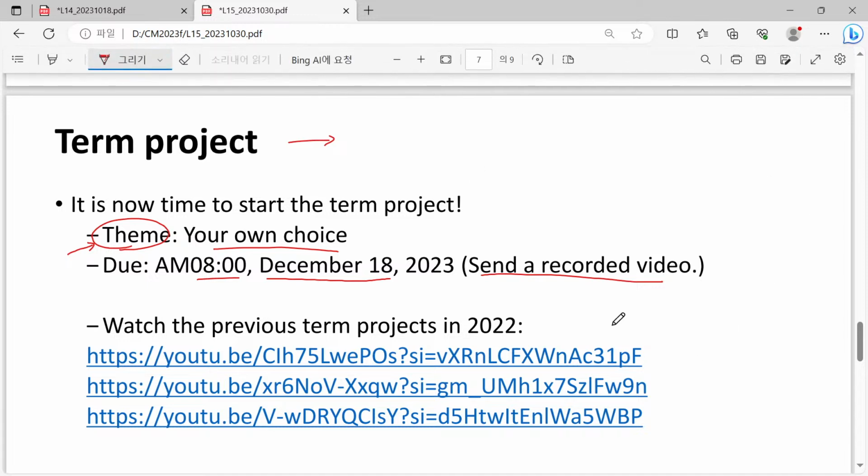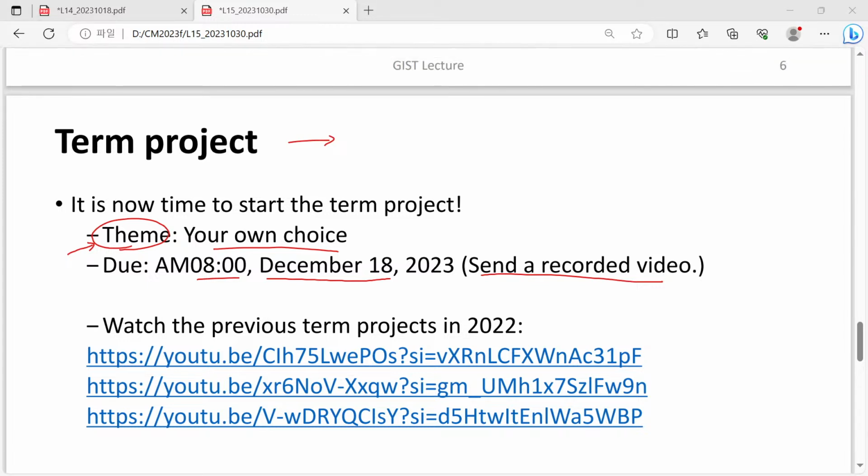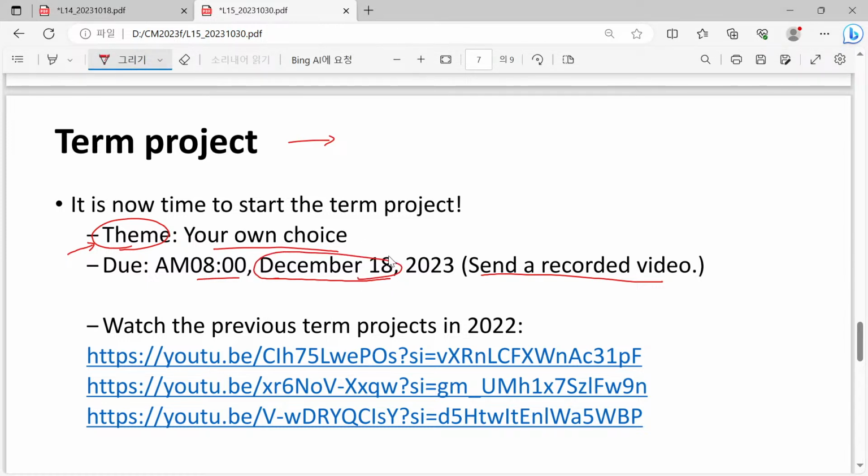So why don't we just show the calendar? Unfortunately I cannot show the calendar on this screen, but this date was selected because this is just the next Monday after our final examination week. So we have a week reserved for final examination. I think that will be too busy to ask you to submit your recorded video in this week.